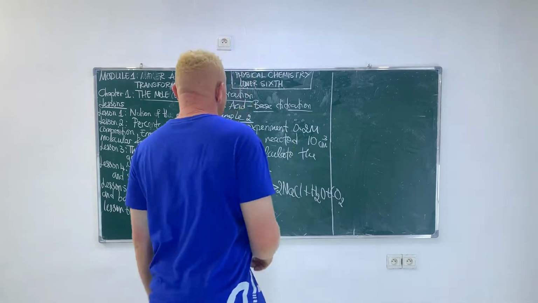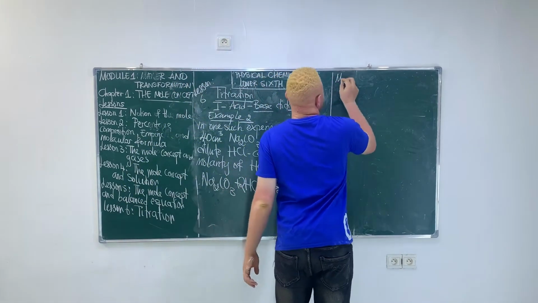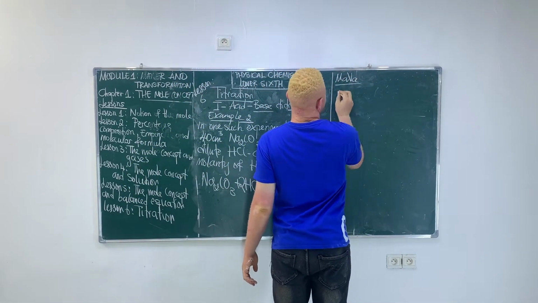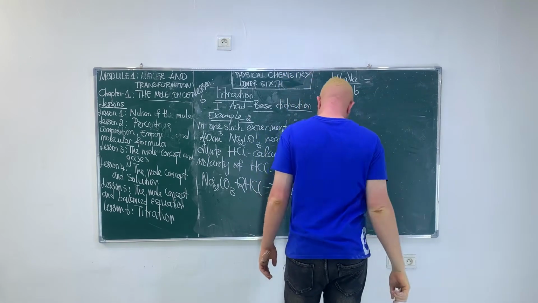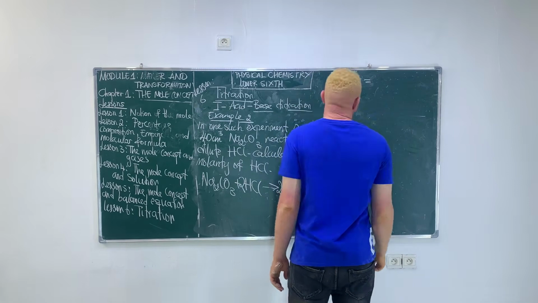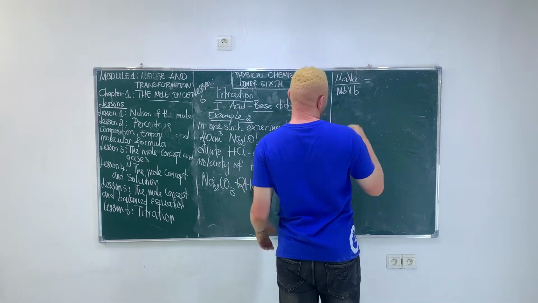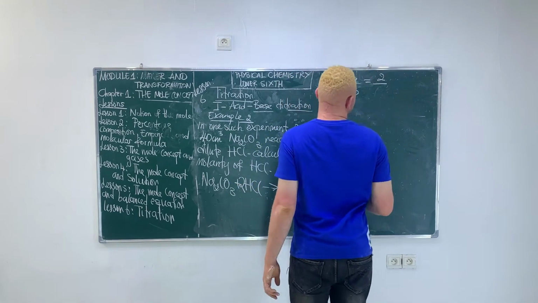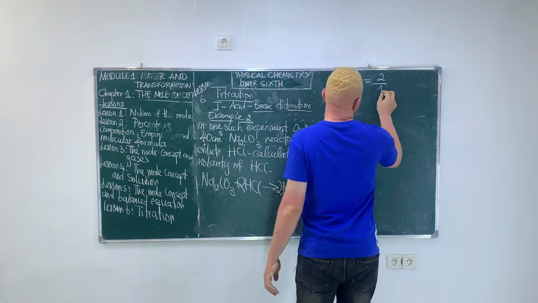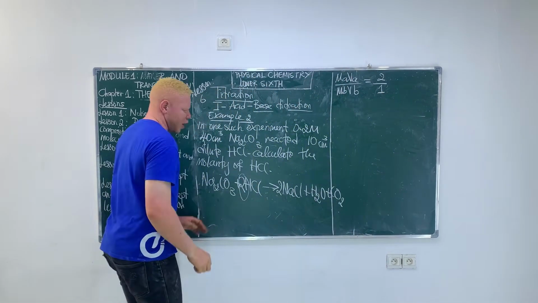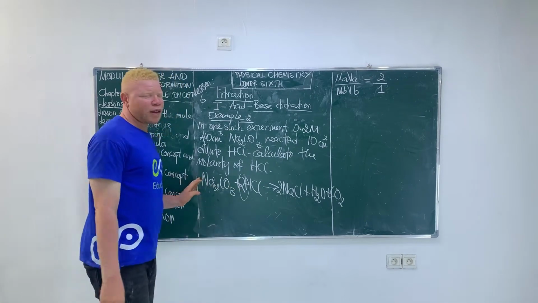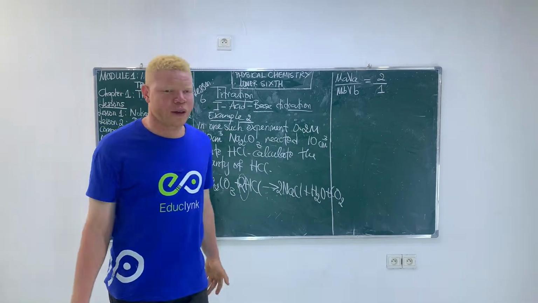The mole ratio, we are going to say molarity of acid times volume of acid, divided by molarity of base times volume of base, equals Na, which is 2 for the acid, divided by Nb, which is 1 for the base. 2 for the acid because the coefficient of the acid is 2, the coefficient of the base is 1.